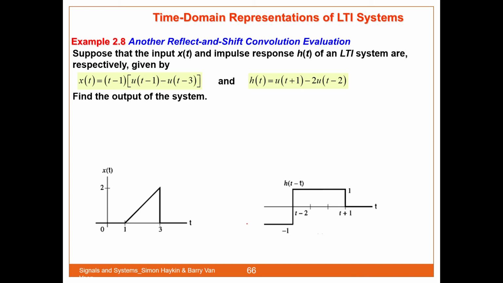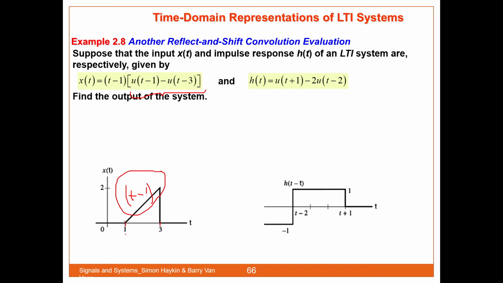Alright, so this is another example. This is t minus 1, but you have a limit from 1 to 3. Why? Because we have this unit step multiplied with this equation.